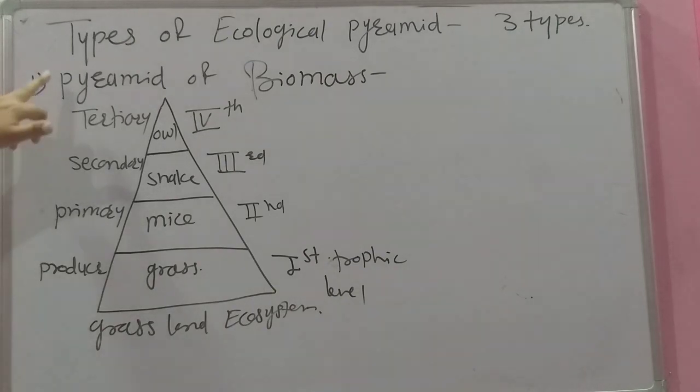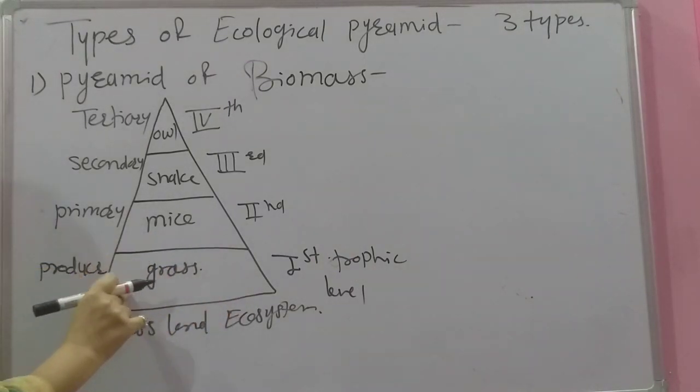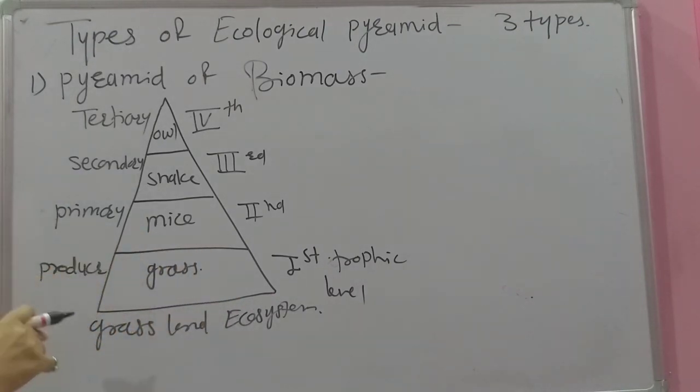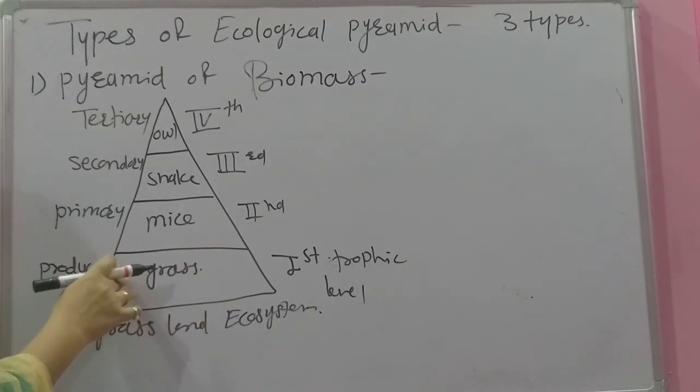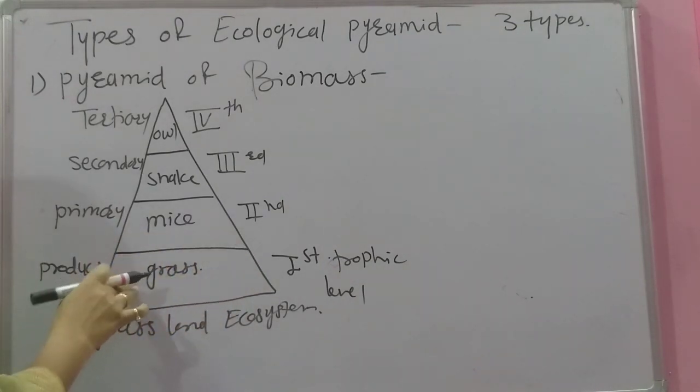Then the second type of ecological pyramid, the pyramid of biomass, means in this ecosystem we calculate the biomass at each trophic level. In the first trophic level, the producer, the grass, how much mass is present.